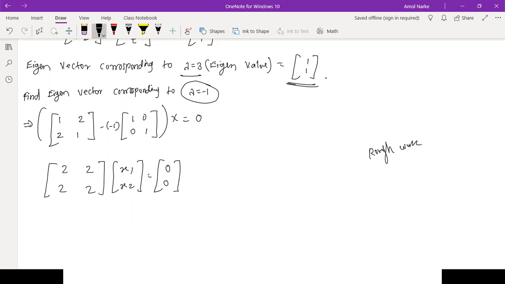From my rough work, you will get 1, minus 1, something like that. Check whether you are getting 1, minus 1. Try to solve and then tell me.